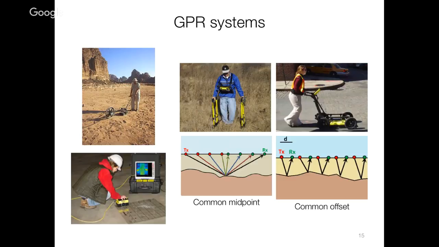So the guy here is probably operating at around a gigahertz. He's just looking for wires and things inside a foundation. So he's got a mat over here, it's all plugged into a screen. He's just moving this GPR system, which is both the transmitter and receiver, back and forth across here, getting the radargrams, seeing a picture.